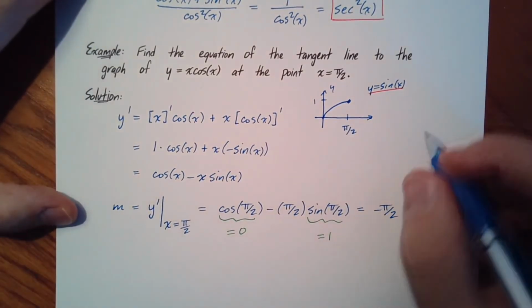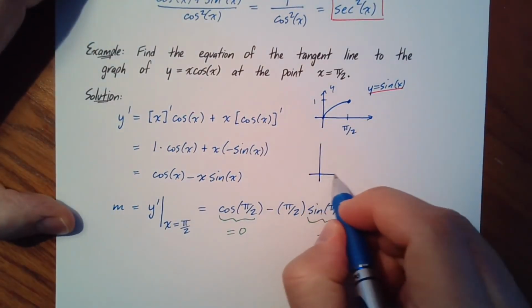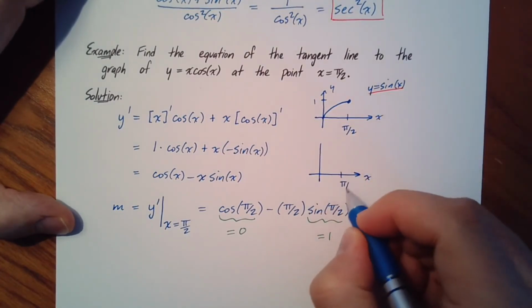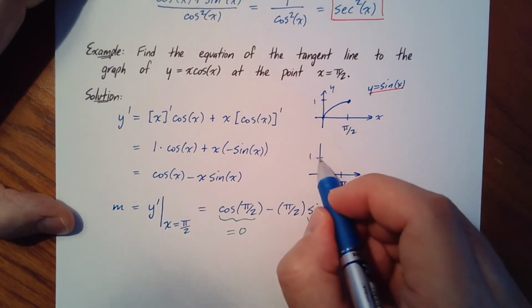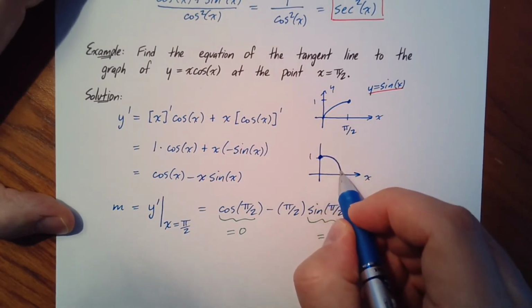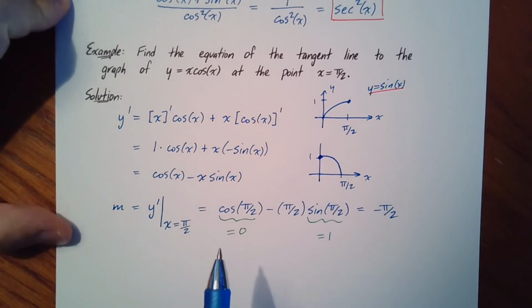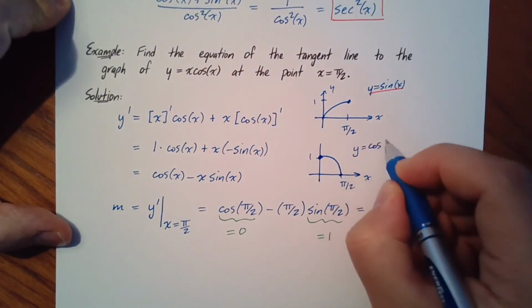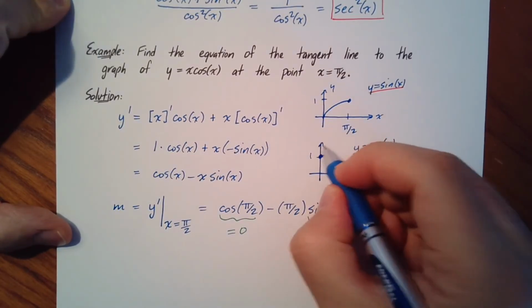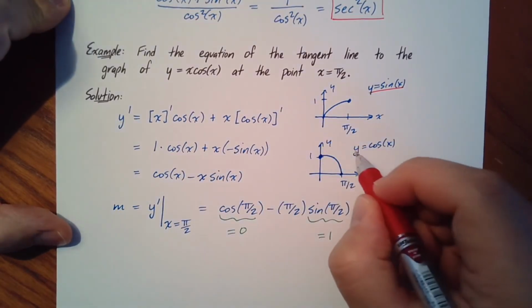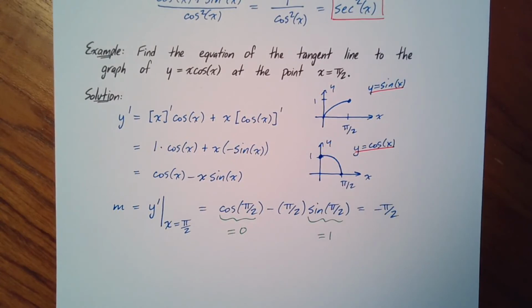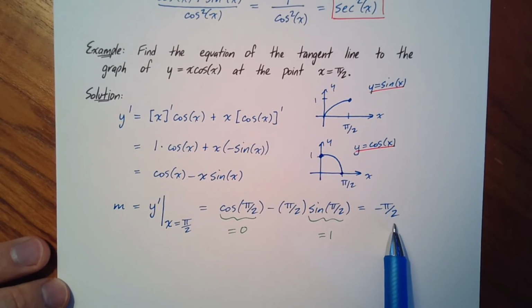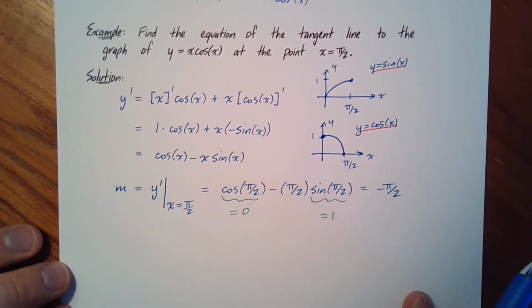And in a similar fashion, you can remind yourself that pi over 2 is where cosine hits 0 for the first time. It's the first quarter of a wave, and that's right where it hits the x-axis. This is the graph of y equals cos x. So don't forget the graphs of sine and cosine, because they can come in handy in situations like this. Okay, so that gives us our slope, negative pi over 2.